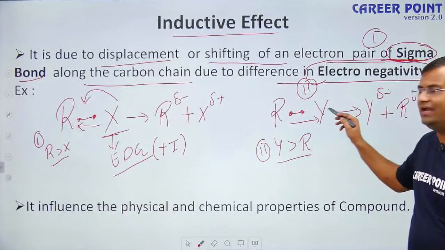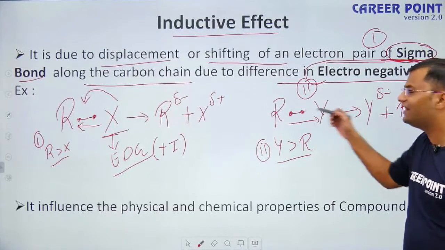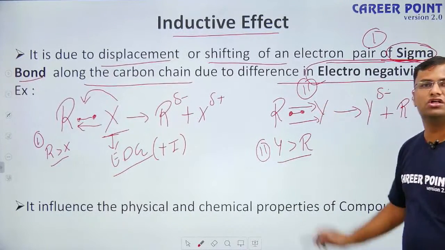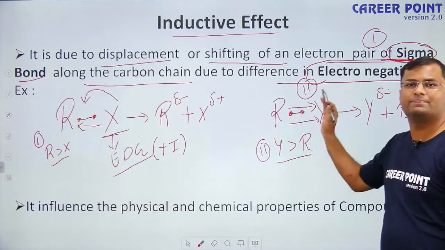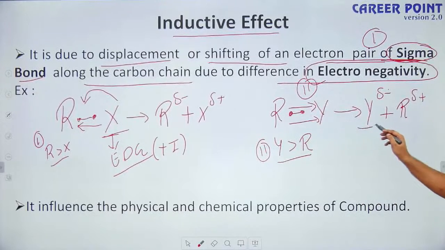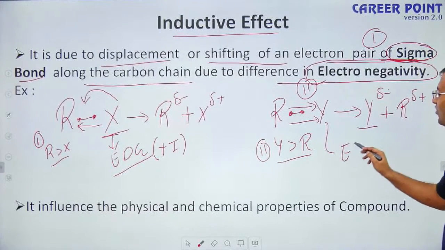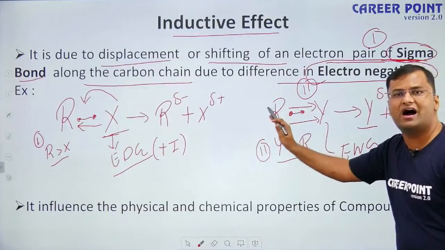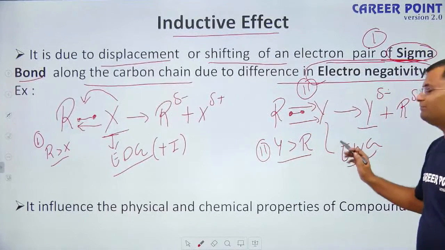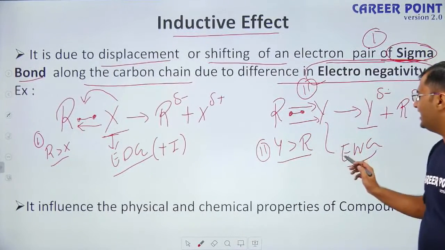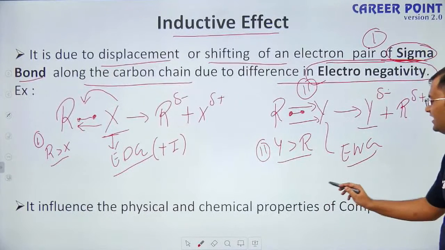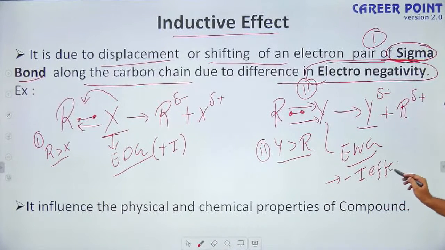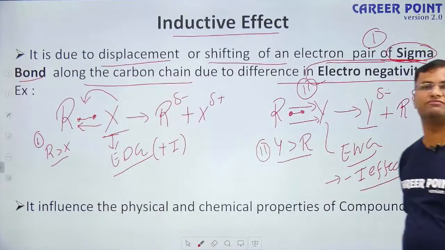Now here, what is going to take place? Here Y is withdrawing, pulling the electron of R. So Y is acting as an electron withdrawing group, because it withdraws electrons from R. So it is an electron withdrawing group, or we can say that it is giving a minus I effect.